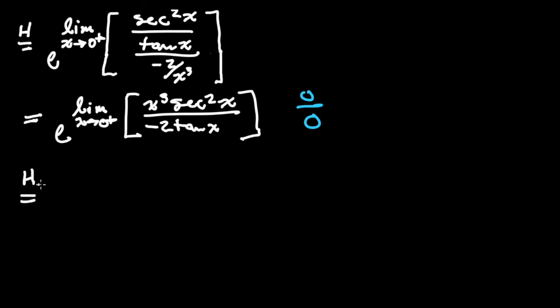So we'll put h and then just 2 down, and then we will do L'Hopital's rule for the second time by determining the derivative of the top and of the bottom.